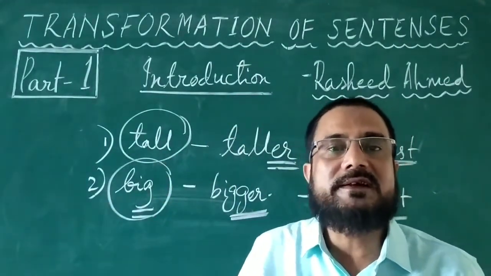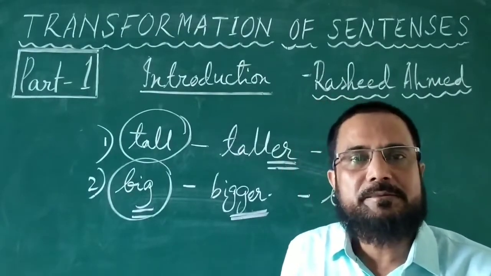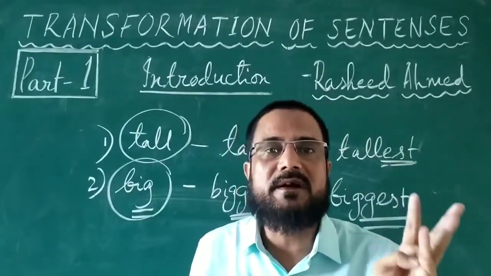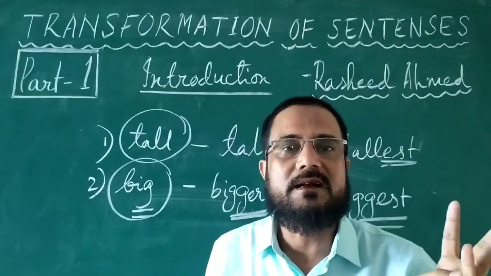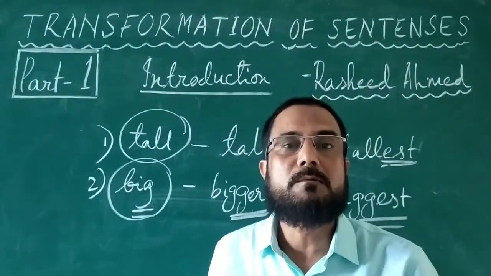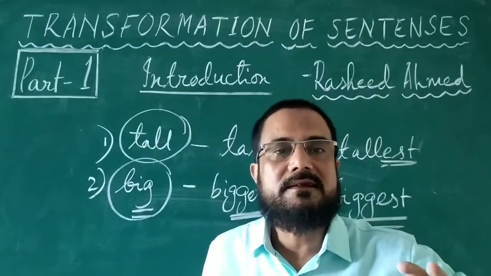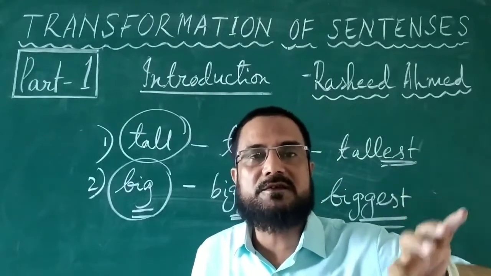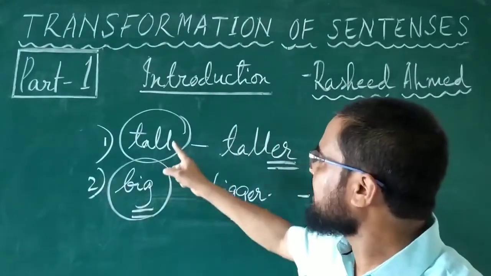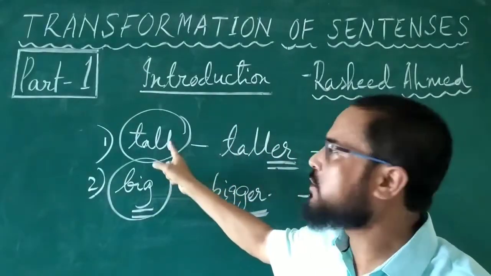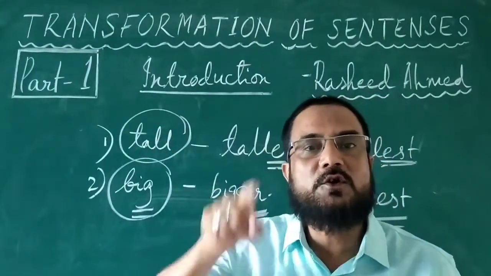For example, if you say difficult, in case of difficult, you can divide the sound into three parts. Dif-fi-cult. Beautiful, beautiful. These words are divided into three parts, and in case of these words, this is not the case. Tall, you have to pronounce the word tall at one go.